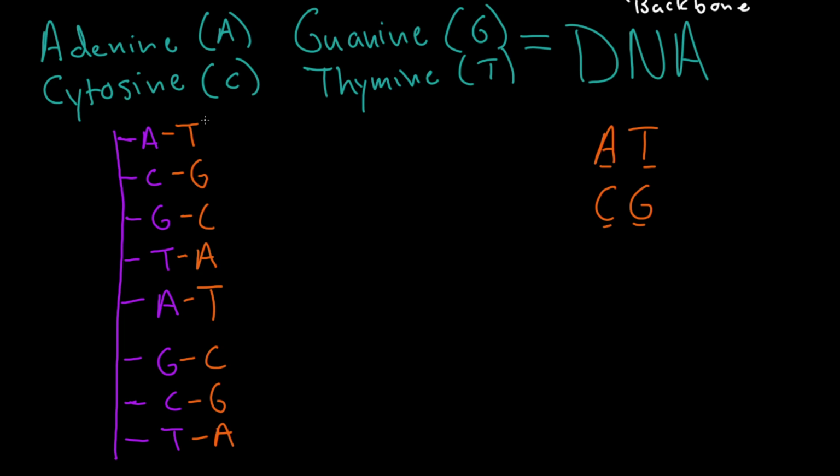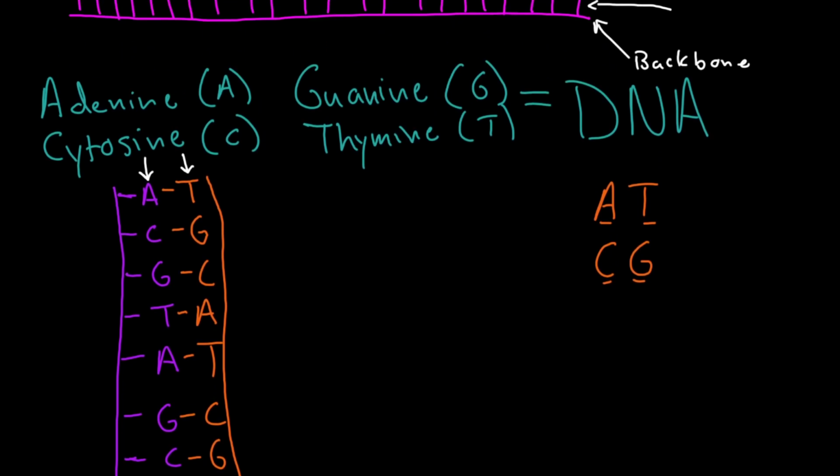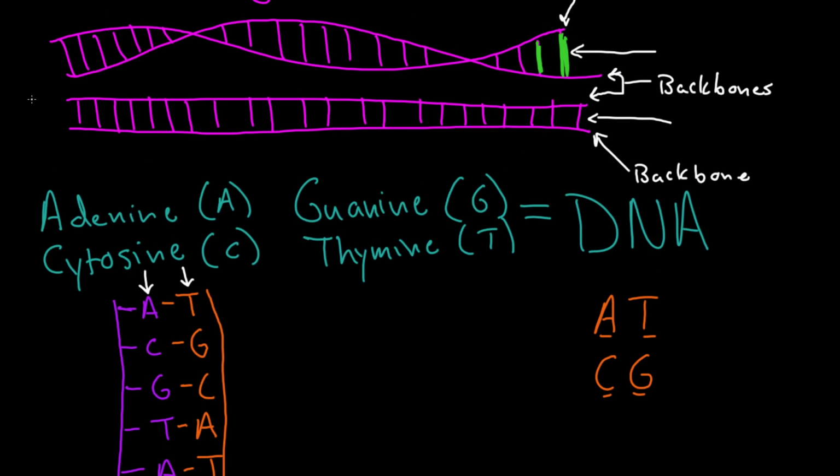And now you can see here, folks, we have the other side of the DNA. We have two sides now. Obviously, this is side 1 right here, and this is side 2. To help you kind of assimilate that, this is one side, and this is the second side.